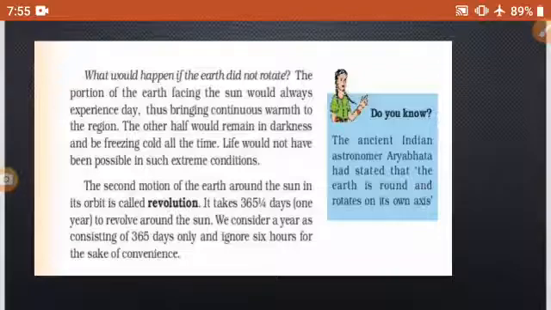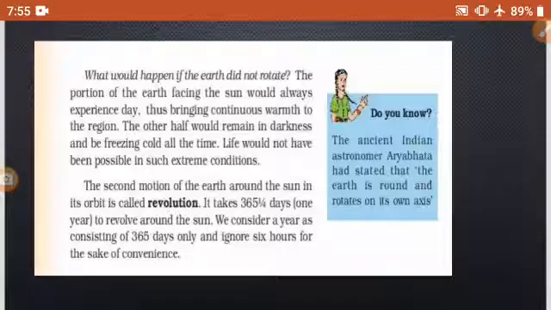The second motion we studied is revolution. The earth takes 1 year approximately to complete one revolution around the sun. It takes 365 and 1/4 days to completely revolve around the sun. So we consider it as 365 days and we ignore the remaining 6 hours for our convenience.